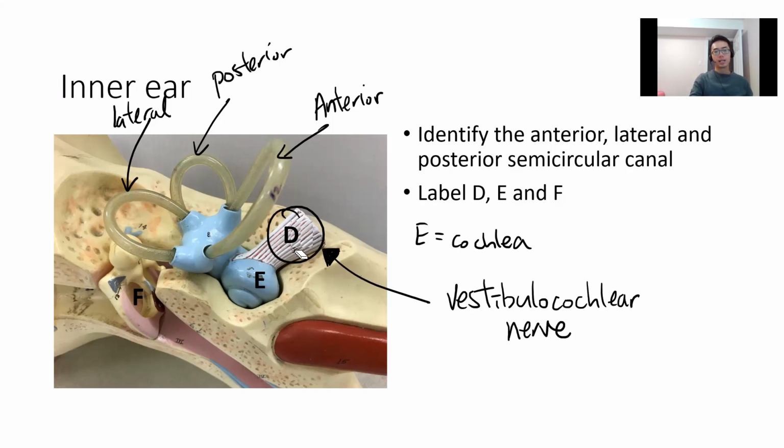So that takes signals from the vestibule, which is the part that connects the semicircular canal with the cochlea, as well as taking information from the cochlea and sending it to the brain. F, down here, almost missed it. F, that's the tympanic membrane, or eardrum.